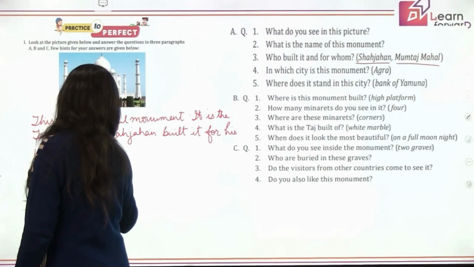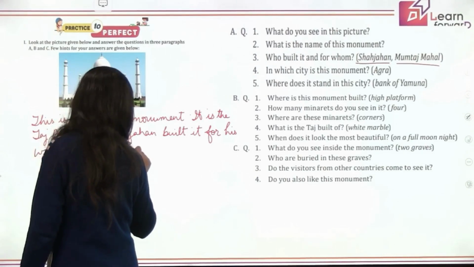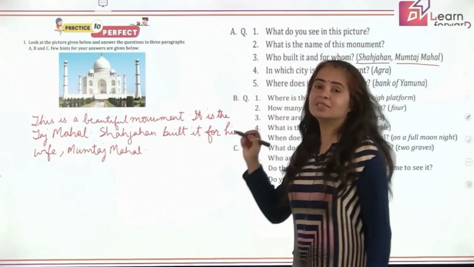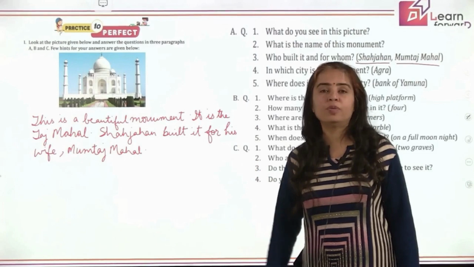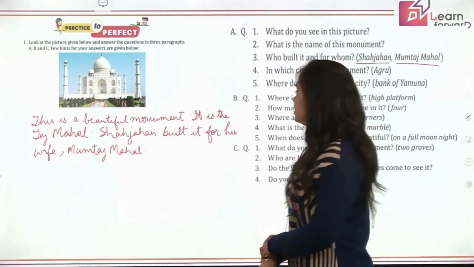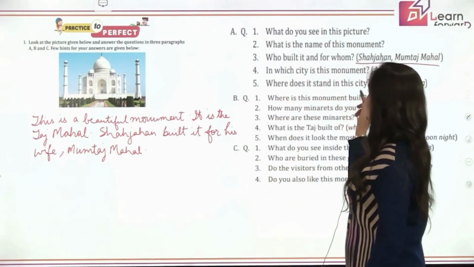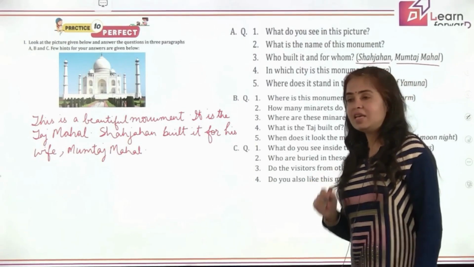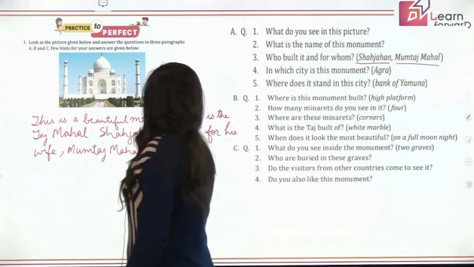Mumtaz Mahal. And the next question is, in which city is this monument located? Do you know? Yes, it is in Agra. Where does it stand in this city? At the bank of river Yamuna. So we can write both the sentences together.